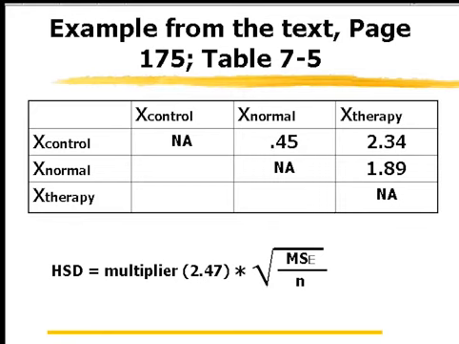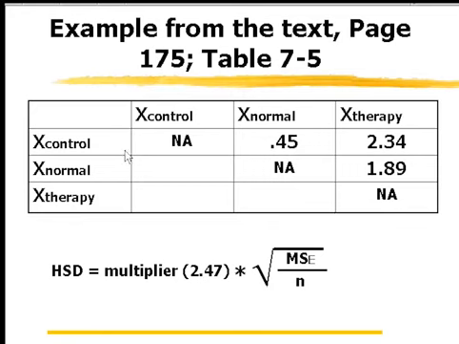In this instance, what they did was compare the mean score of the control group free T4 with the normal group, and they found that the difference between 13.55 and 14.00 was 0.45.